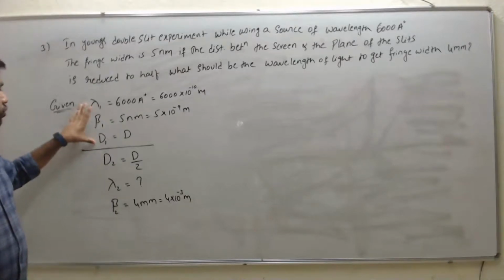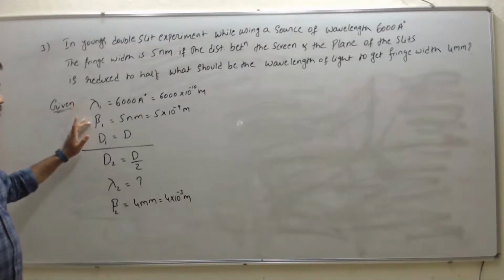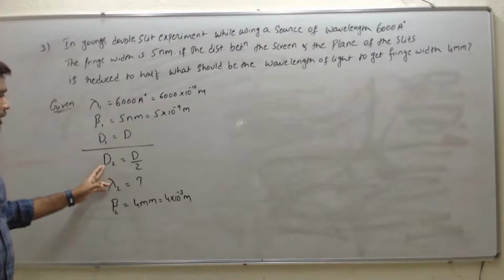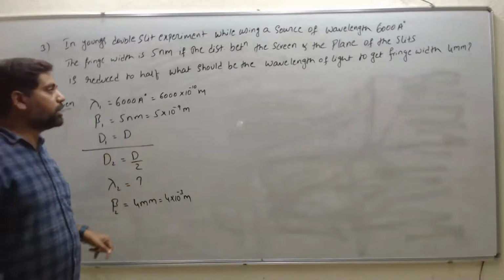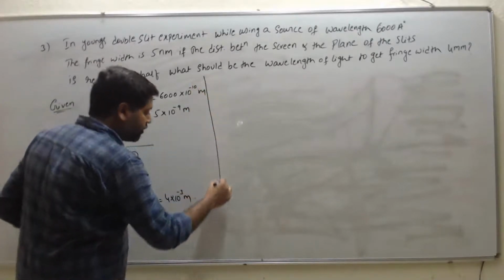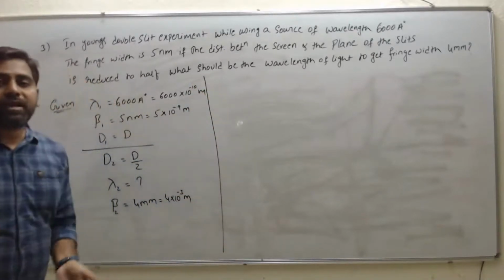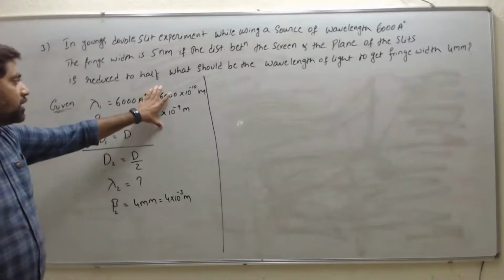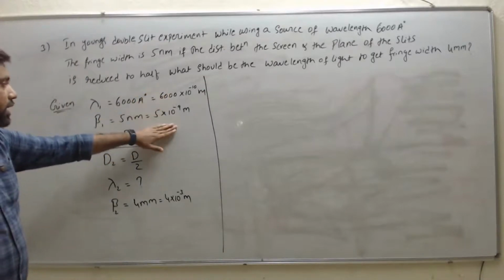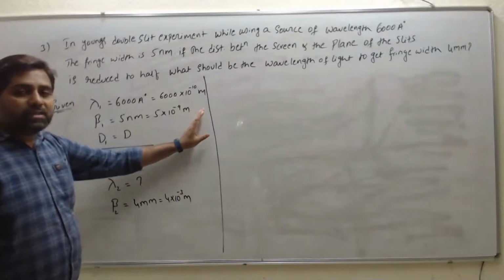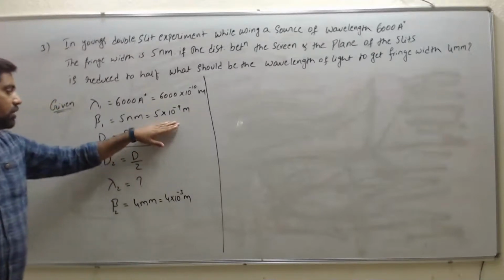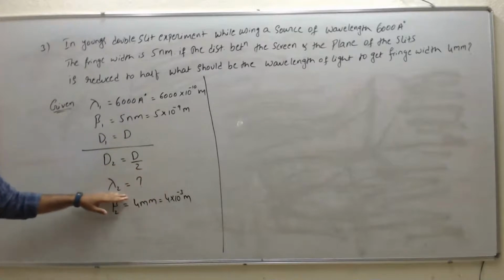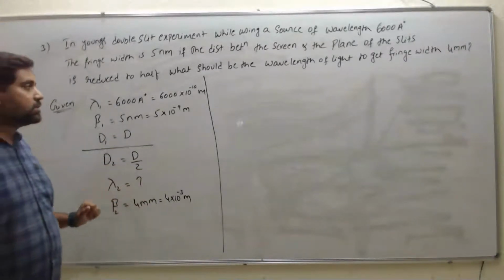They gave two sets, lambda 1, beta 1, D1 and D2, beta 2, and we have to find lambda 2. In these two cases the common quantity is the distance between the slits, small d. So from the first case we find small d, which is constant for both cases, then we substitute that d in the second case to get the wavelength lambda 2.